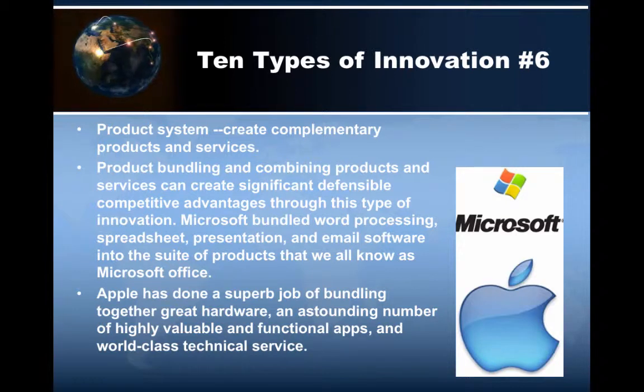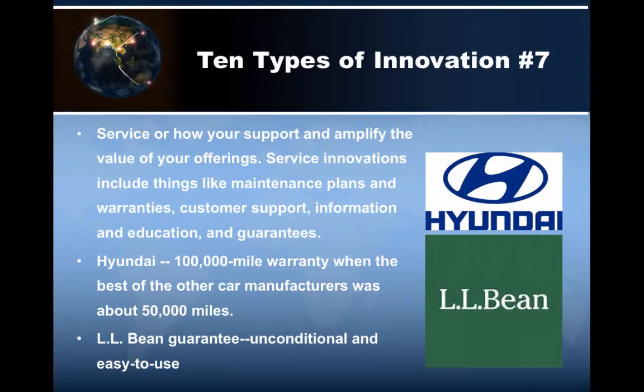And Apple has done an absolutely superb job of this, of bundling together great hardware, the iPhone, iPad, and all of that, and an astounding number of highly valuable and functional apps, plus world-class technical service. So Apple has created a tightly integrated, highly functional system, and it's one of the things that keeps me loyal to the Apple brands and products.